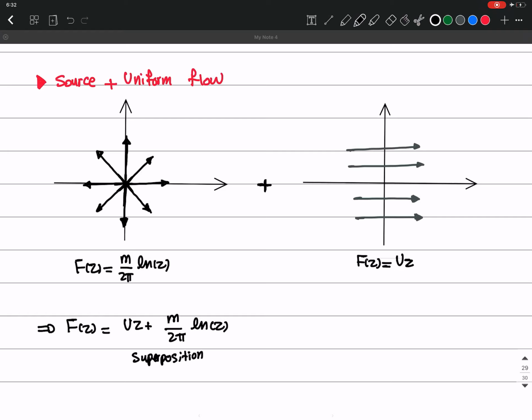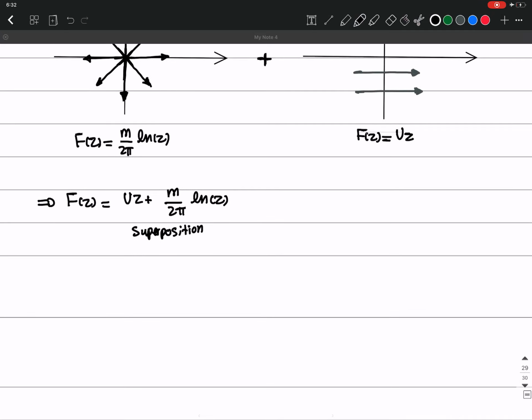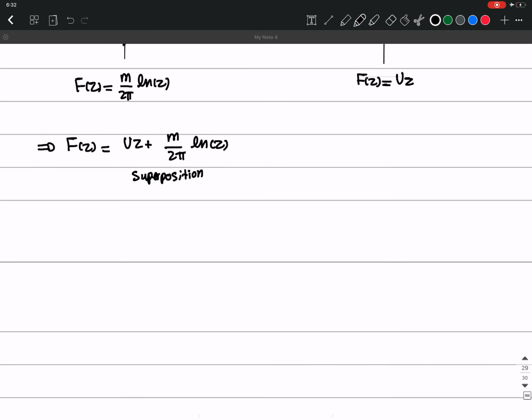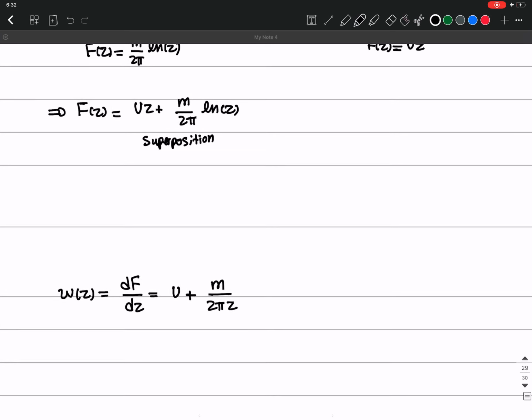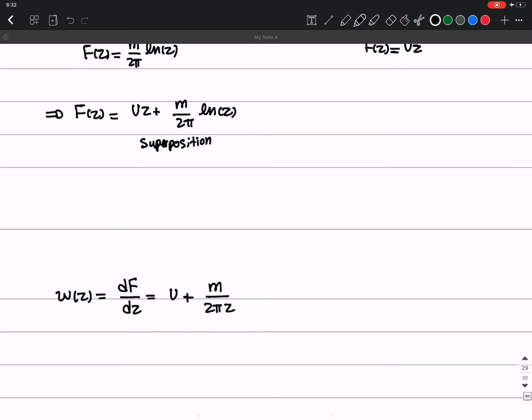And now let's see what this entails. So first I want to derive their velocity. The complex velocity is df over dz, the derivative of f with respect to z, which is going to be u plus m over 2 pi times the derivative of ln z, which is 1 over z, so m over 2 pi z.